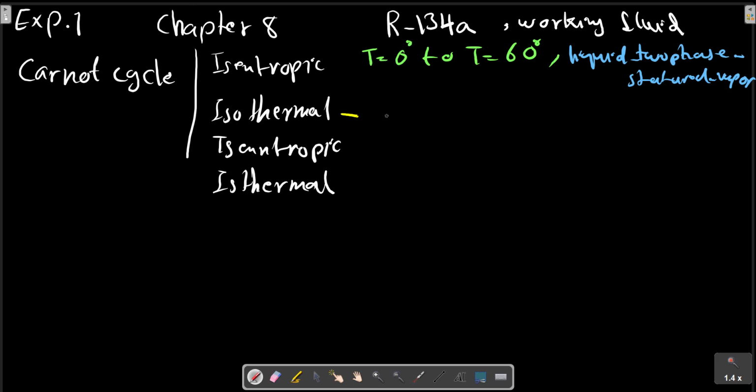This process ends up as a saturated liquid. T equals 60 degrees, ending as saturated liquid.